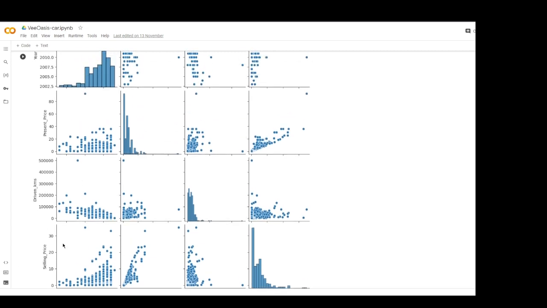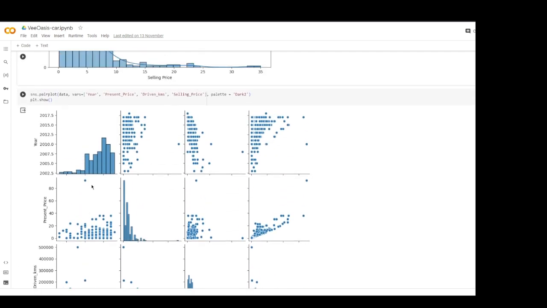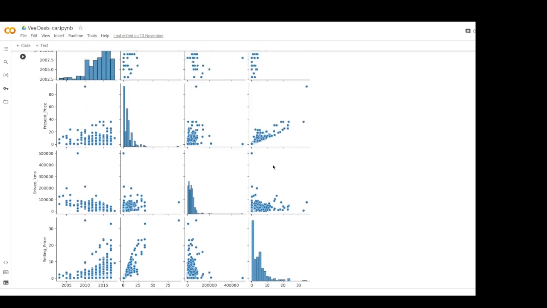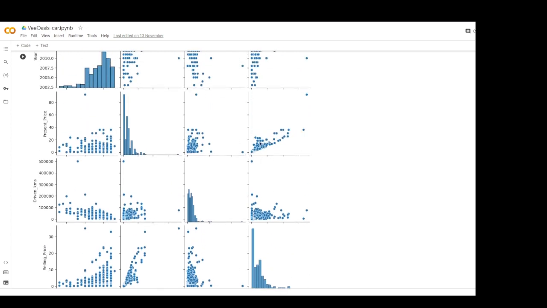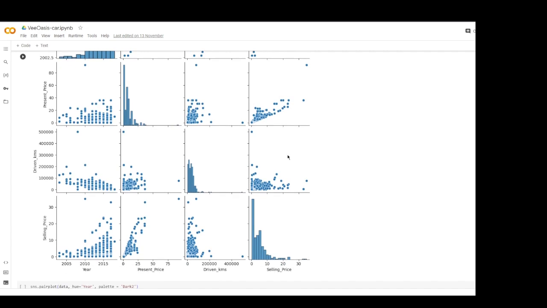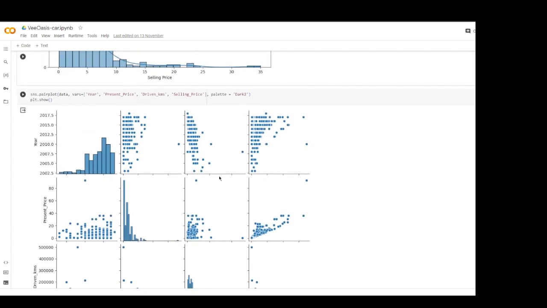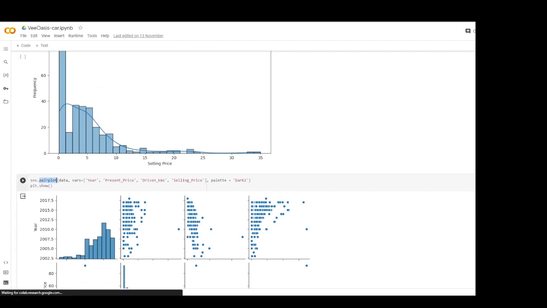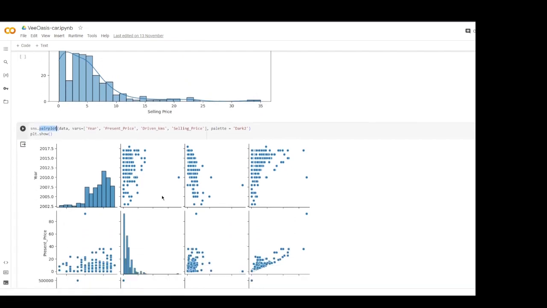Over here, the selling price, the driven kilometers, and so we understand that selling price and the present price are related to each other. As you can see, it's a bit linearly related, not perfectly linearly related. This is what we can gain from this visualization. We are using the pair plot function over here.